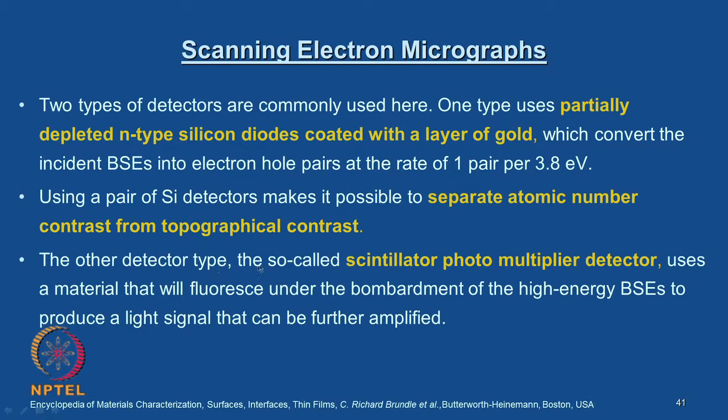The other detector type, the so called scintillator photomultiplier detector, uses some material that will fluoresce under the bombardment of the high energy BSEs to produce a light signal that can be further amplified. So, these are some of the specific operations of the types of detectors which eventually give the image in the CRT. We will look at these detectors separately and talk about all the functions in much more detail in due course.